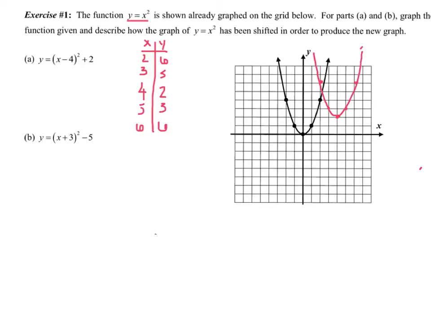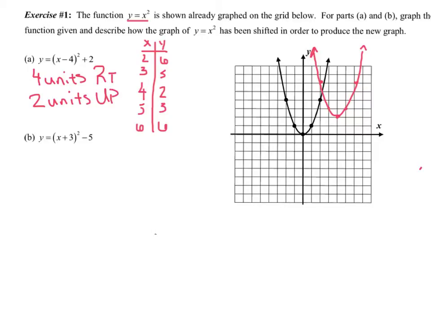If I compare that to the original parabola, let's focus on the vertex. Where did the vertex go? The vertex traveled 4 units to the right and then straight up 2 units. So we went 4 units to the right, and then 2 units straight up. That's the horizontal and the vertical shift that took place.